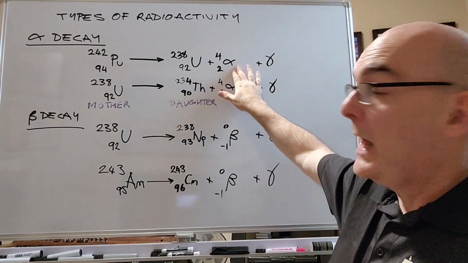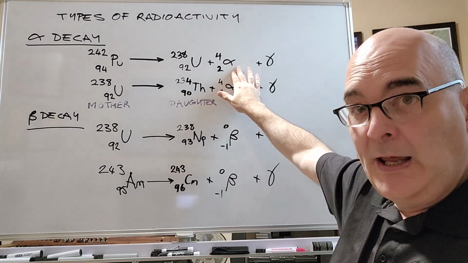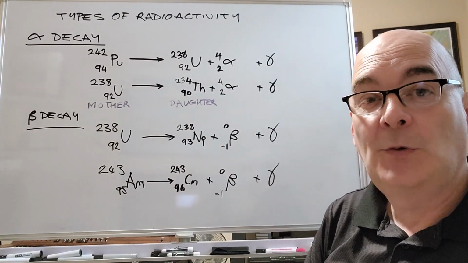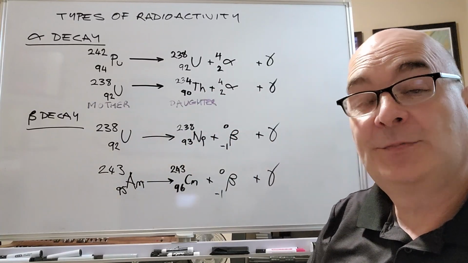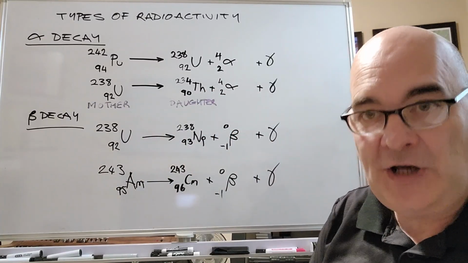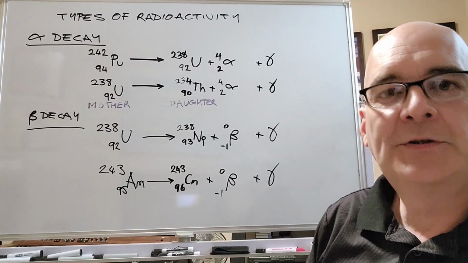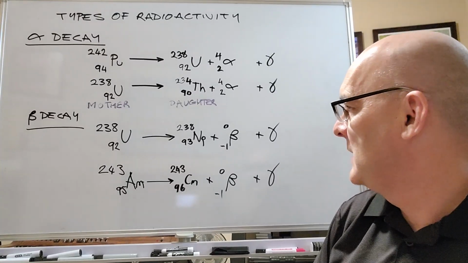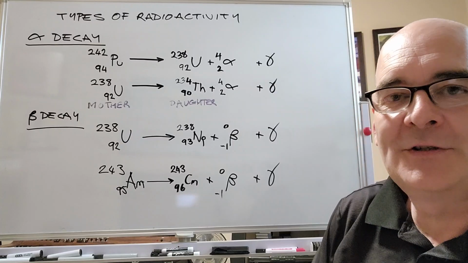Alphas are very similar to helium nuclei, and betas are very similar to electrons. Alphas are not an exposure hazard, but are an ingestion hazard. Betas are a mild exposure hazard and a mild ingestion hazard. Okay, if you have questions, let me know.